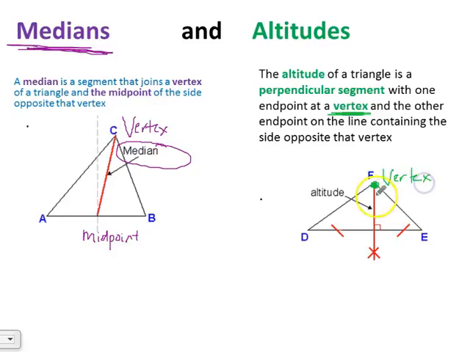But now with an altitude, instead of intersecting at the midpoint, we intersect the opposite side perpendicularly. Opposite of the vertex, the altitude has to intersect perpendicularly. Remember, that means that we have to have a right angle.